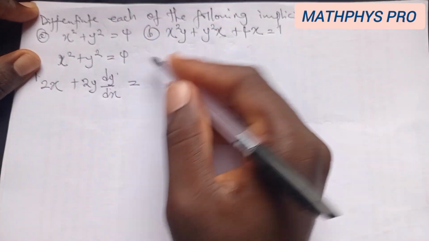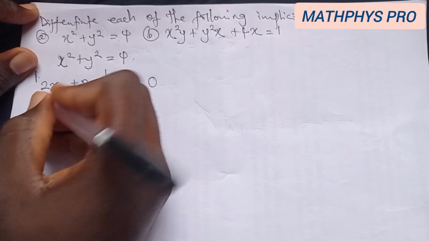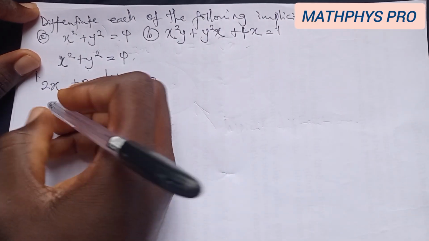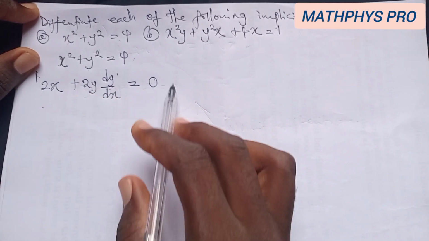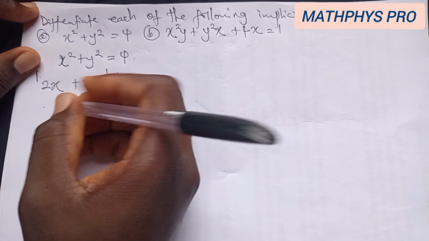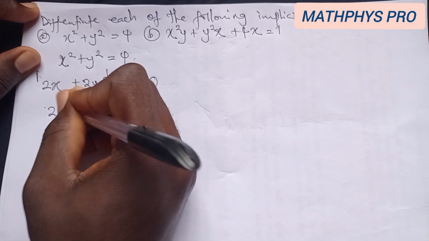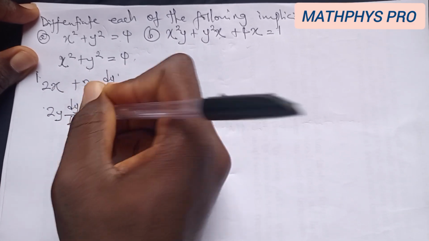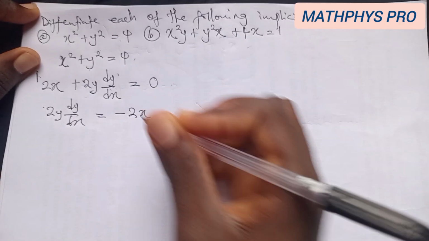Equals, differentiating 4, which is a constant, you have 0. Now if we move positive 2x to the other side of the equation, we have negative 2x. So 2y dy over dx equals negative 2x.